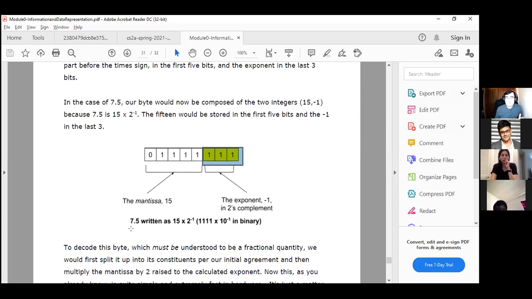If I wanted to add 1 to this, the correct answer would be 8.5. But if I just move a 1 here, it would be 10000 to the 111. That would not be 8.5. It would be something else entirely.